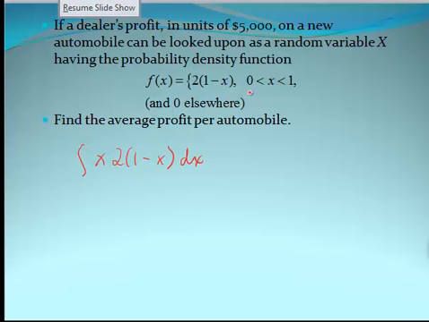So here's the integration interval, 0 to 1, and multiplying this all out, we're going to have 2x minus x squared.